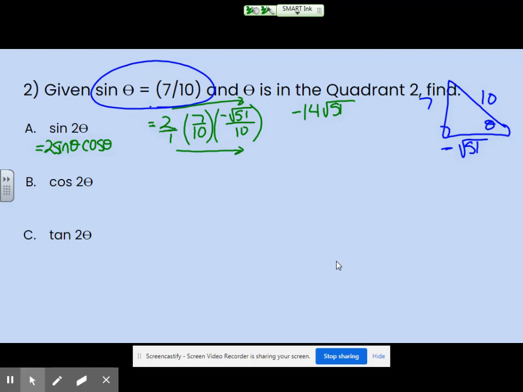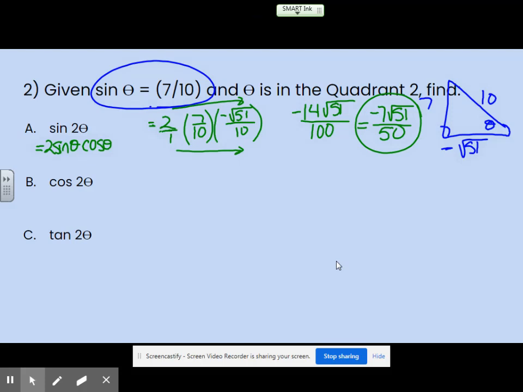In the denominator, 1 times 10 times 10 gets us 100. I'm not quite satisfied because I see that I have negative 14 over 100, and I know that can be reduced. So our final and most reduced answer is negative 7 radical 51, because it's under a radical and I really can't do anything with it, over 50.